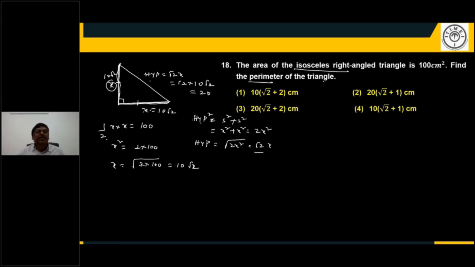Perimeter means the sum of the three sides. 10 root 2 plus 10 root 2 plus 20. 10 root 2 plus 10 root 2 is 20 root 2, so 20 root 2 plus 20. If I take 20 common, this will be my answer: 20 into root 2 plus 1.